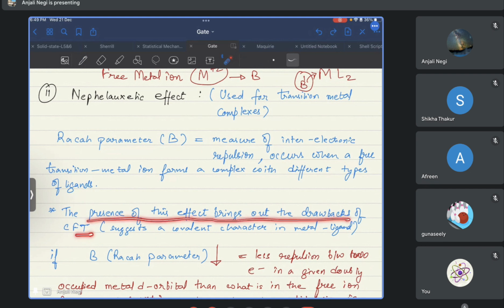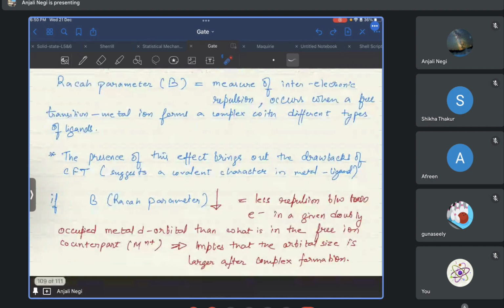In CFT, if you have studied well, only ionic bond formation is mentioned, but no covalent bond between metal and ligand is mentioned. But this nephelauxetic effect shows that the metal and ligand have some covalent character and form some bond which is covalent in nature. So it brings out a drawback of CFT, suggesting a covalent character between metal and ligand.